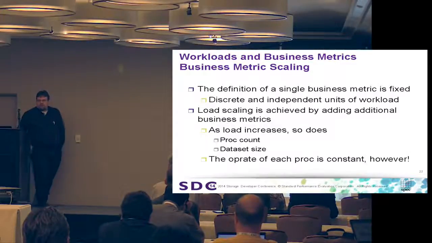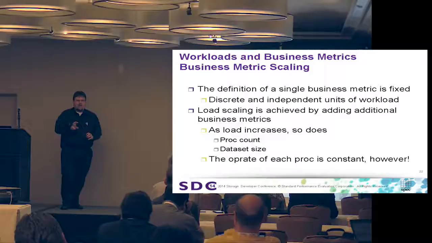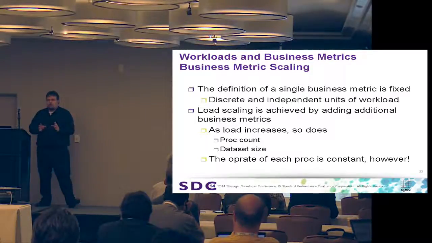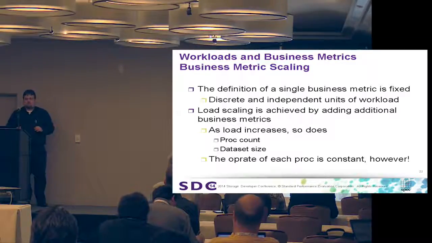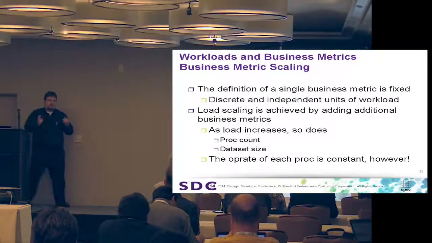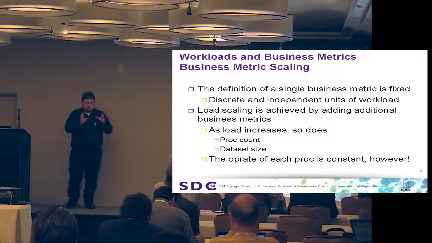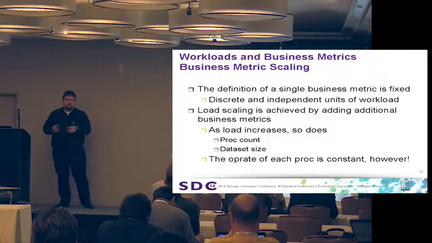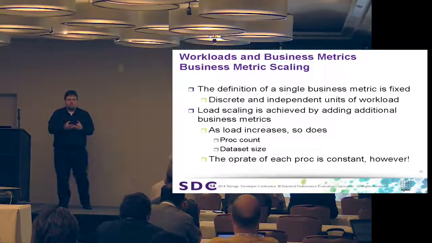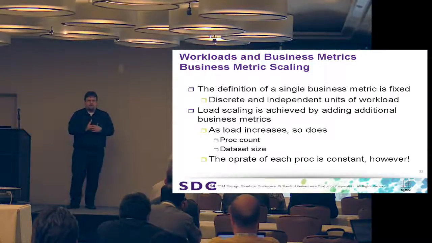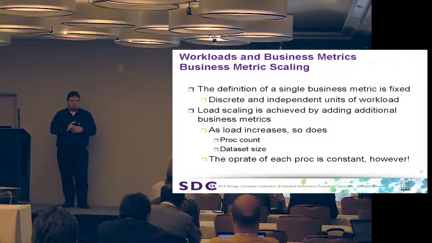So the definition of a single business metric is fixed. They're discrete. I said they were units of workload. As you scale up the workload, you request more business metrics. And as you do that, these discrete units of workload are added. So for example, one VDI desktop, that's one business metric. It has 2 threads, we call them procs, each doing 100 IOPS.